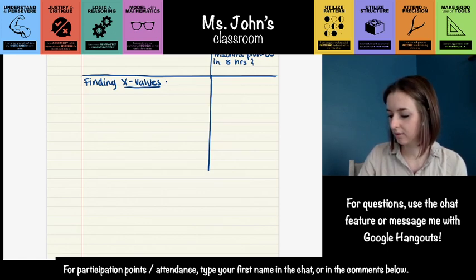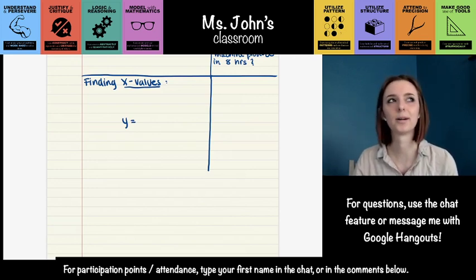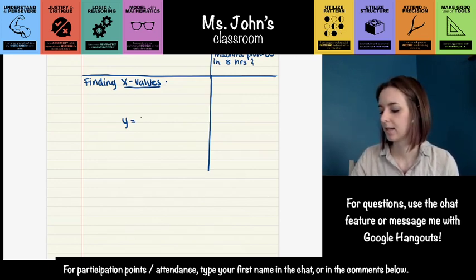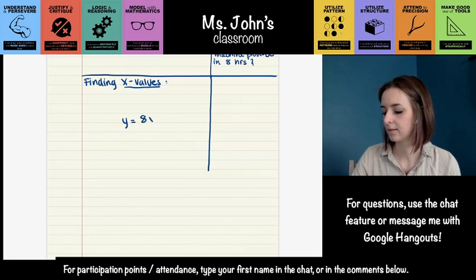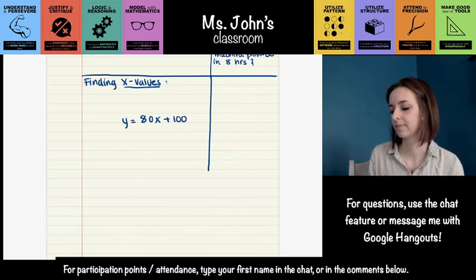So say they give you an equation for how many paper cups the machine produces every hour. So it produces 8 every hour, and not 8, it should be way more than that. Let's say it's 80 per hour. And it starts with, they already have like 100 already created.